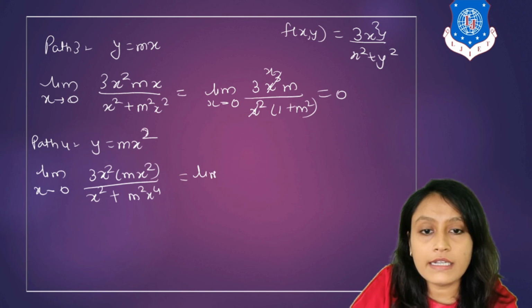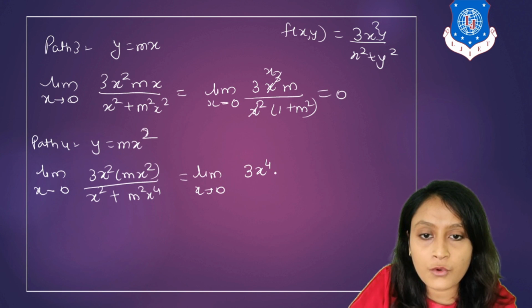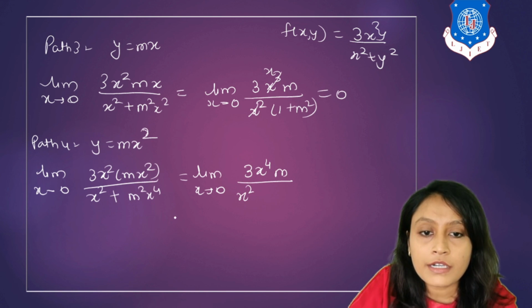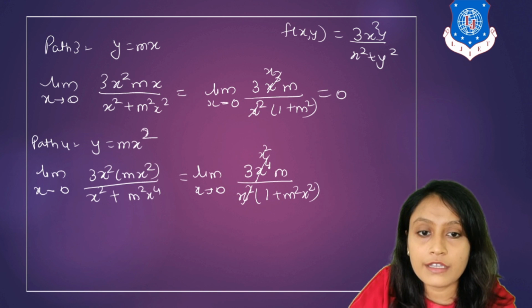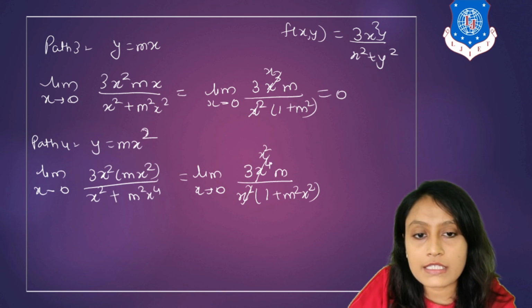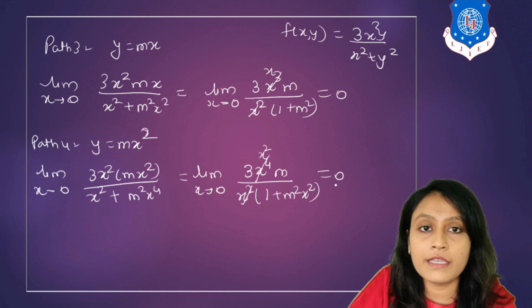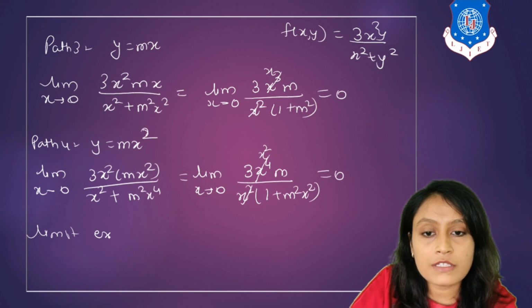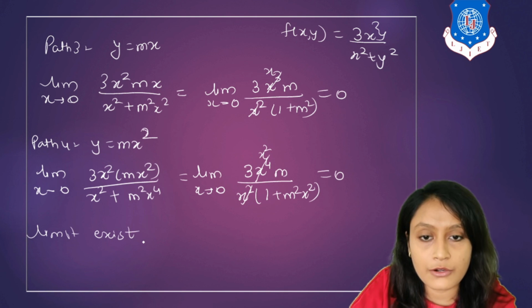Simplify this, so you will get limit x tends to 0 of 3x raised to 4 m upon, take x square common from the denominator. So you will get 1 plus m square x square. This x square will get cancelled and we will get x square over here, right? Now if you substitute x equals 0, this numerator will be 0. So we can say that this limit exists because we have the same answer, that is 0.